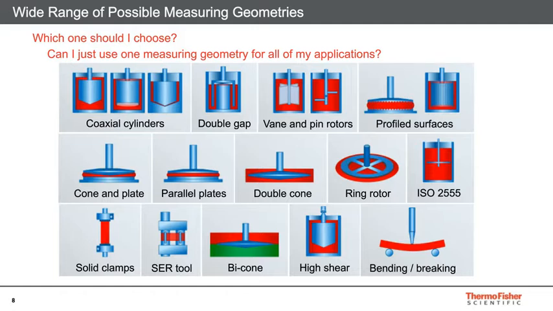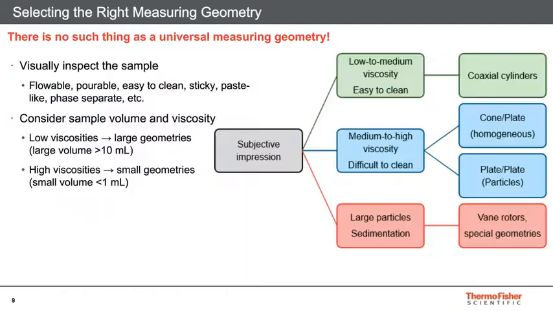The simple answer is no, okay? Unfortunately, there is no such thing as a universal measuring geometry. You can't just load a single setup and that'll work for all materials, from your flowable, easily cleanable, pourable, low viscosity liquids, all the way up to your solid thin films, okay? Each geometry, each test method needs to be designed for that material itself.